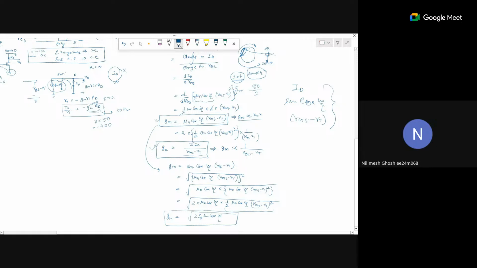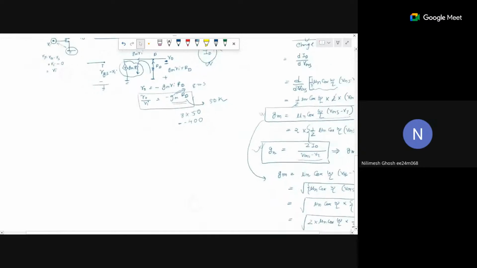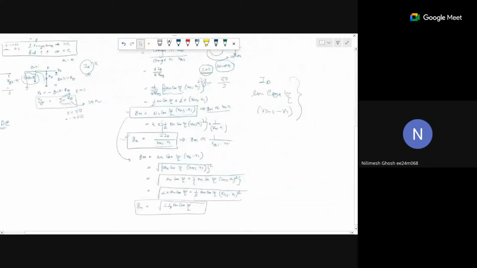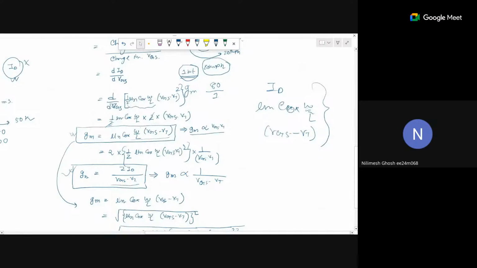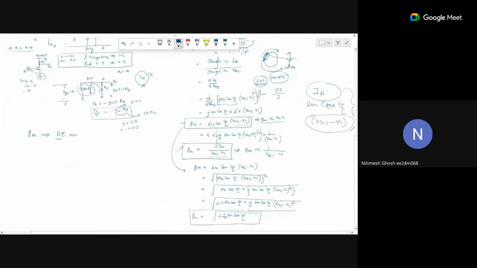If any one of the parameters is not given, you can use only 2 and you can still get the GM value. So what is the hierarchy? First, to analyze the small signal, you need to know GM. To know GM, you need to analyze the circuits in DC. DC analysis is needed because ID, mu n Cox W by L and VGS minus VT are DC quantities. So using those DC quantities, you will get GM.